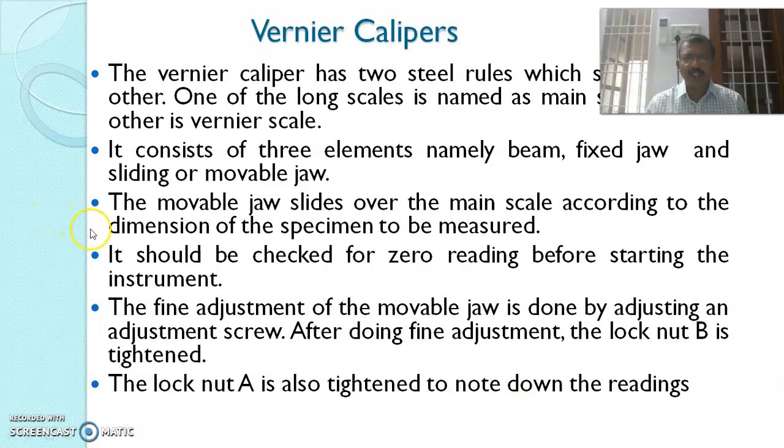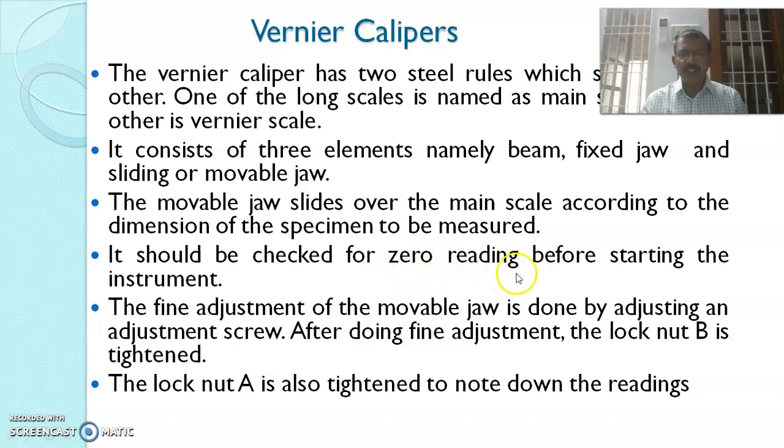It consists of two scales: one is the main scale and the other is the vernier scale. It consists of three elements, mainly the beam, the fixed jaw and the sliding or movable jaw. The movable jaw slides over the main scale according to the dimensions of the specimen to be measured.